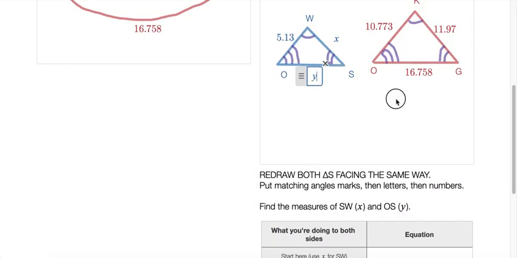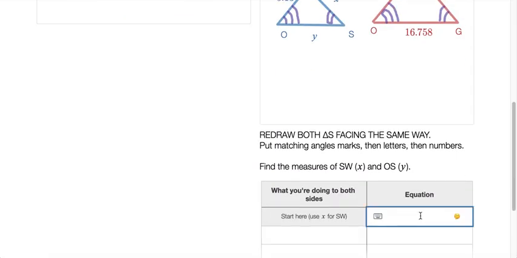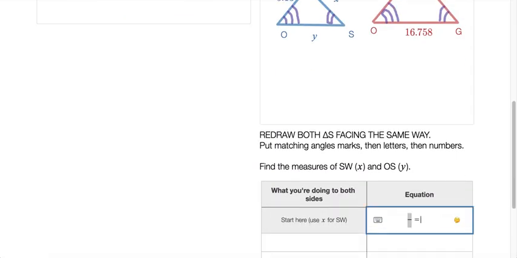These triangles are similar. That means their matching sides have to have the same proportion. We can use that to set up an equation. One ratio equals another ratio. If we want to set up the easiest equation to solve, let's put X in the numerator. X is for SW.